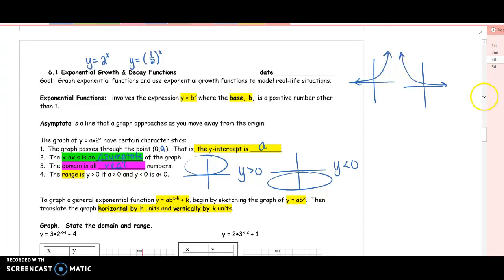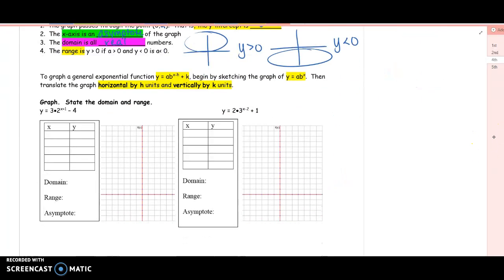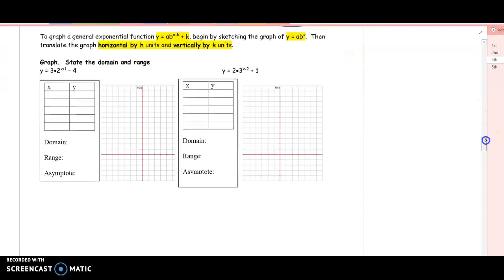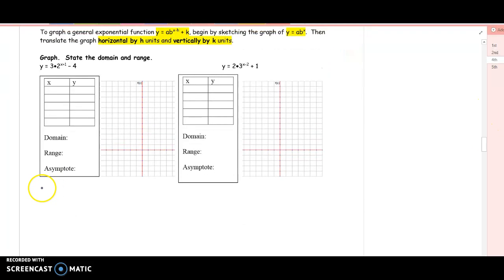When we're graphing y equals a times b to the x minus h plus k, we're going to start by looking at a temporary graph of everything up to the x. You stop after you get to the x. So I'm going to write out my steps for this first one.